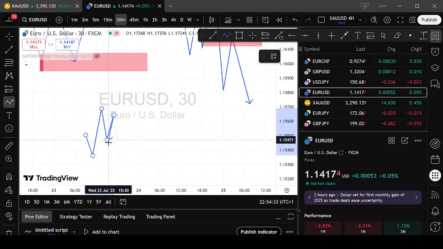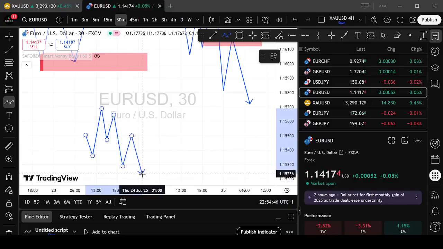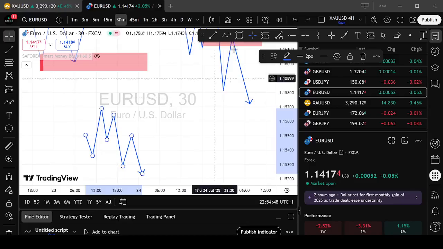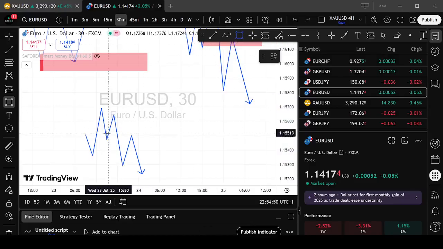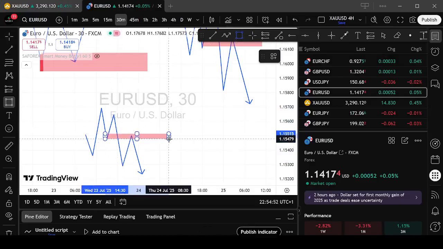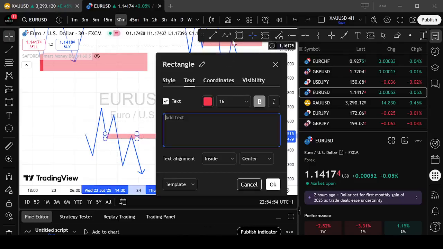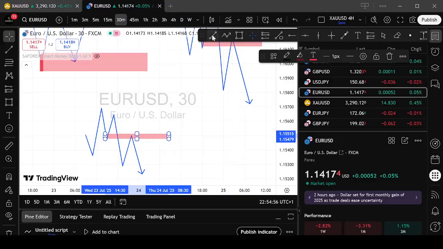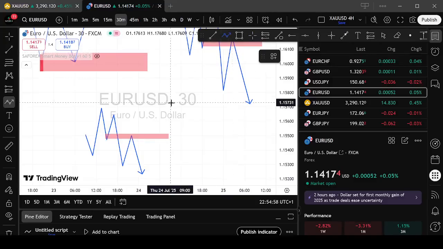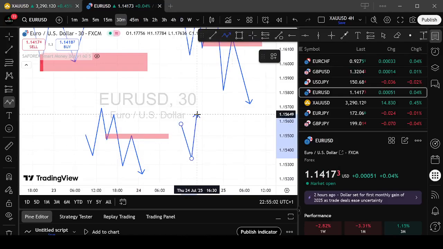This now becomes our mitigation block, because at this point it didn't break here and it allowed price to also break through it. So we expect that price will also come down here and do something like this and trade down. So we box out this point and wait for price to come down there and trade down. The same thing also applies for the buy model. For the buy model too, you also want price to do something like this.